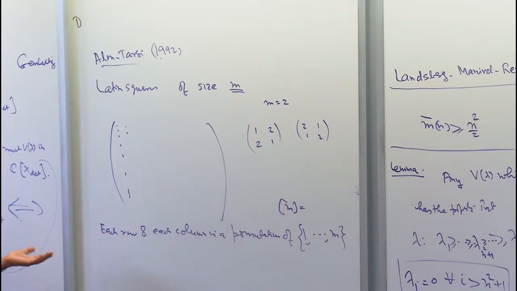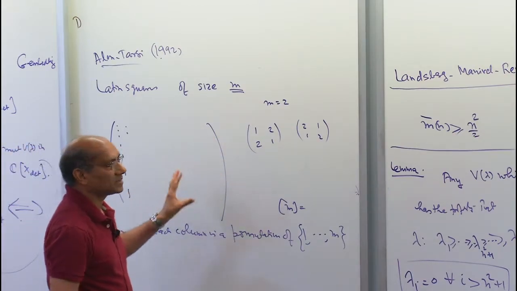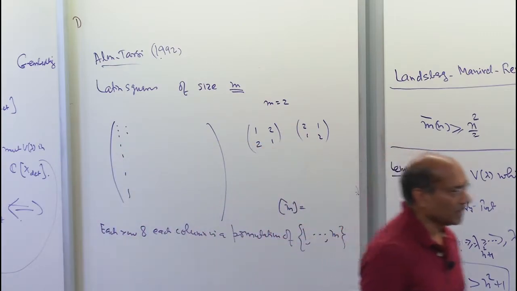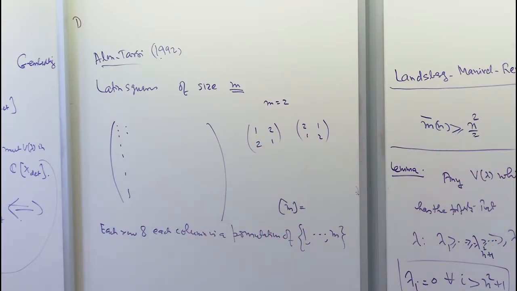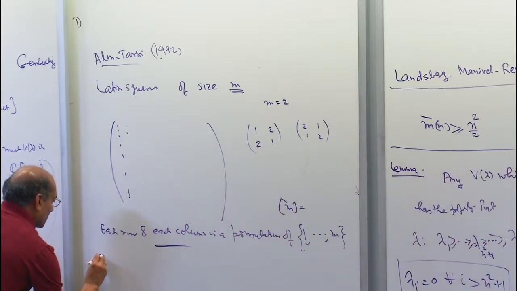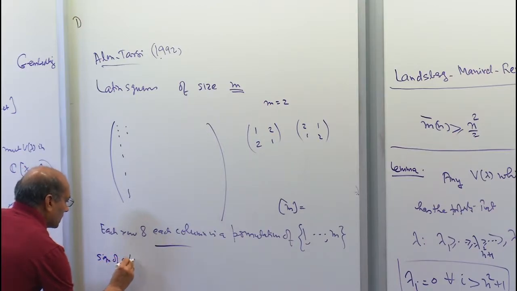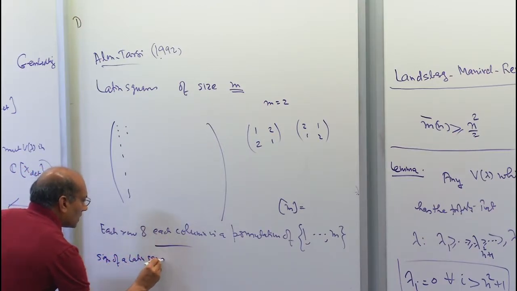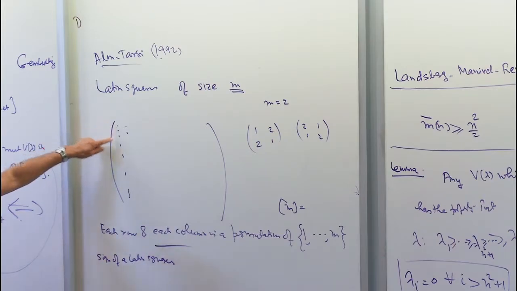I am fixing an m, and let's consider the set of all the Latin squares. Now, to every Latin square, you associate a sign, +1 or -1. As I said, every row is a permutation of 1 through m, and every column is a permutation of 1 through m.